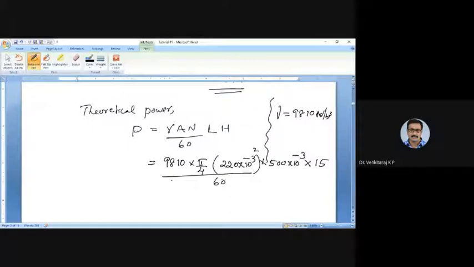So calculating, we will get this as equal to 2796 watt, or we can write this as 2.796 kilowatt.